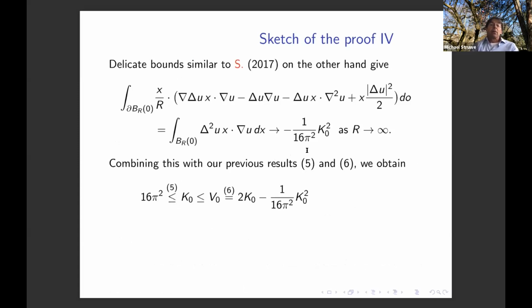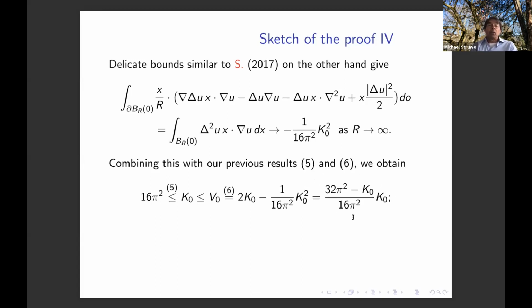So the integral of this term converges to minus 1 over 16 pi squared k0 squared. This is what we get from the previous convergence result. And now all we have to do is write this over one denominator. And then we observe that since k0 is at least 16 pi squared, in fact, k0 has to be equal to 16 pi squared in order for this inequality to still hold true.